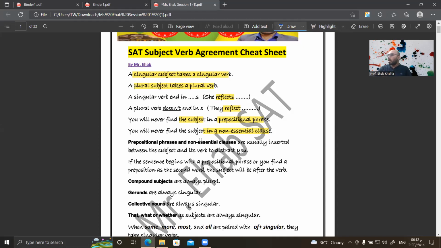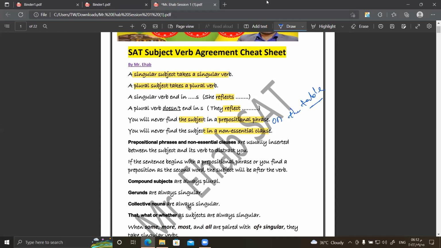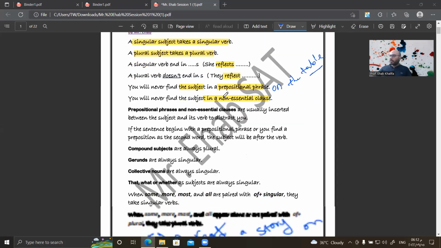Like on the table. So the word table can never be the subject of the main verb. This is the trick of the test maker on SAT. Prepositional phrases and non-essential clauses are usually inserted between the subject and verb to distract you.